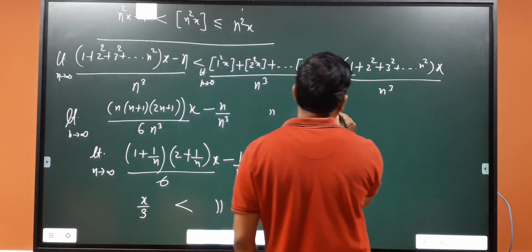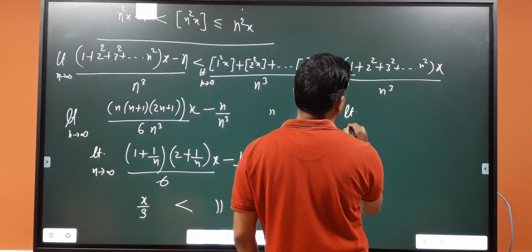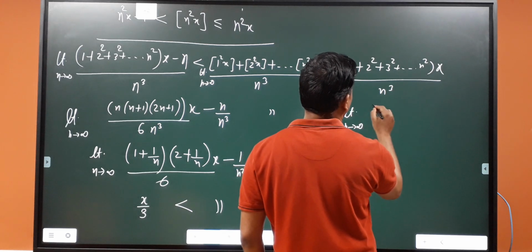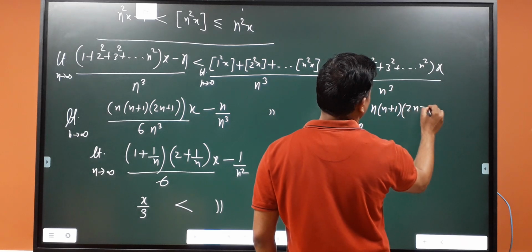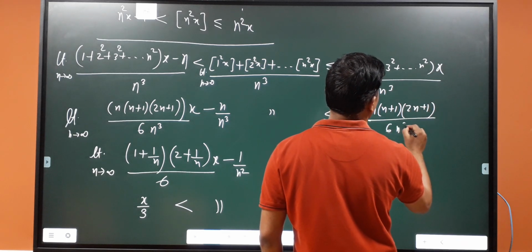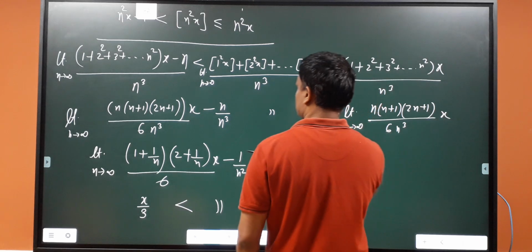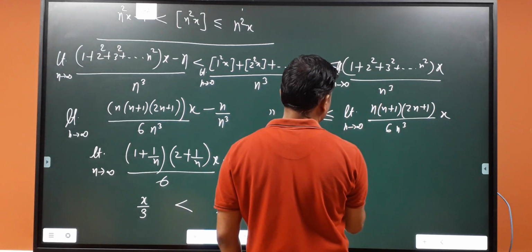So what will it yield? It will give us limit n tends to infinity of n into n plus 1 into 2n plus 1 by 6 n cube into x. The same thing that we simplified there, and this is nothing but x by 3.